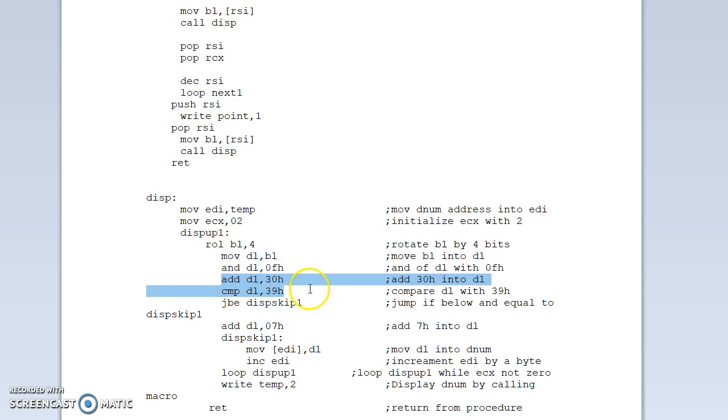So if the digit value is less than 9, then only 30 will be added to convert it to the ASCII value, whereas if the digit value is greater than 9, 37 will be added to the hex value to get the ASCII value of the digit, and then that value will be displayed on the screen.